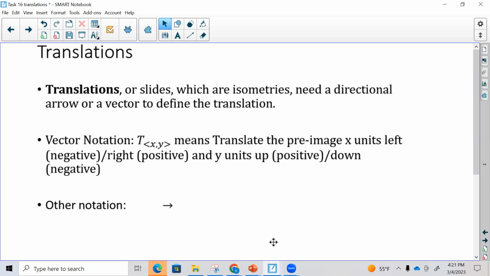And translations are examples of an isometry. Again, an isometry means that after we do the transformation, the figure is the same shape and the same size. And for a translation, we need a directional arrow or a vector to define the translation.